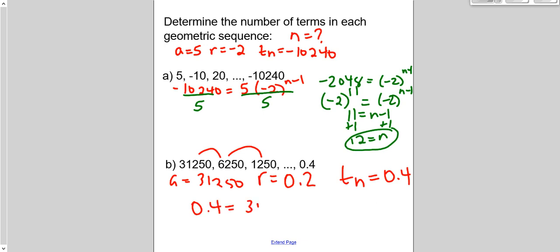And if I put this into my formula, this is what I get. So 0.4 divided by 31250 is where we're going to start. I'm going to divide this by 31250.